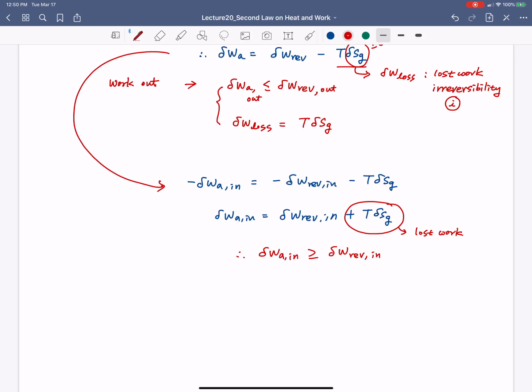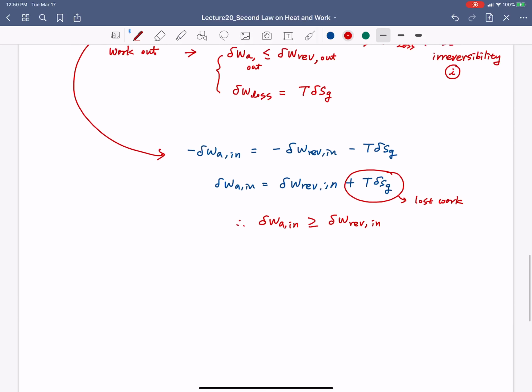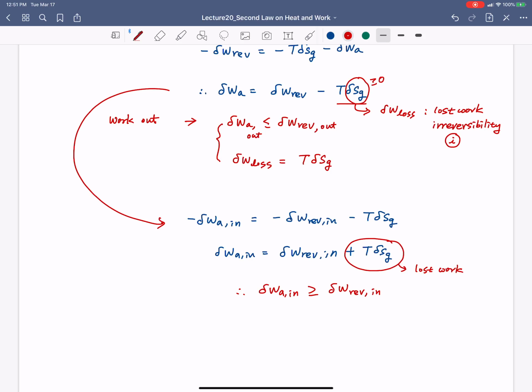A good example is a compressor. If you really want to run a compressor in an actual process, you need more work than what you would need for a reversible or ideal compressor. I hope that you clearly understand this, because that is really important. You always need a certain amount of work that is different from the reversible work.